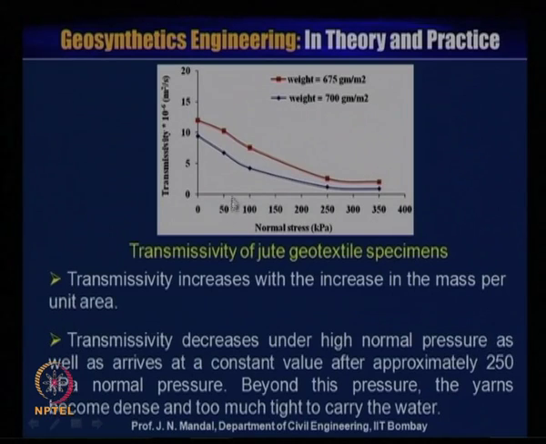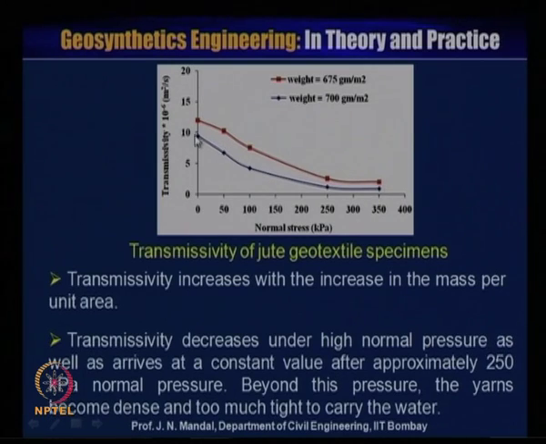You start with 50 kilopascal, keep on reading the quantity of water flow through, and then you determine the transmissivity. Then again you increase the load to 100 kilopascal, 150, 200, 250, 300, 350 and so on.